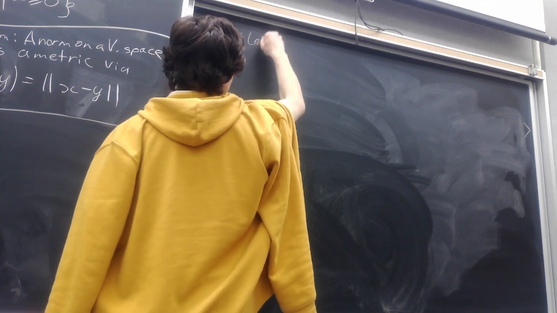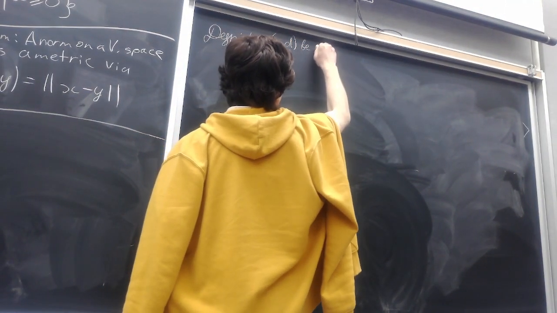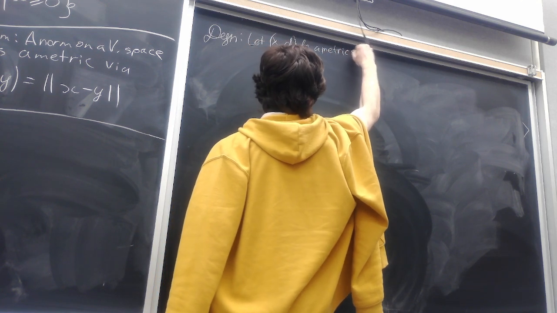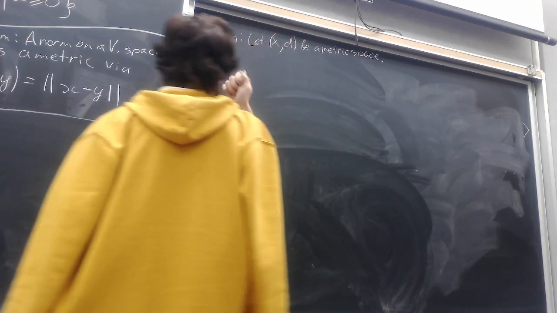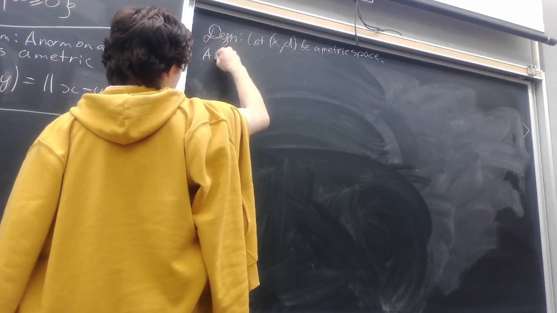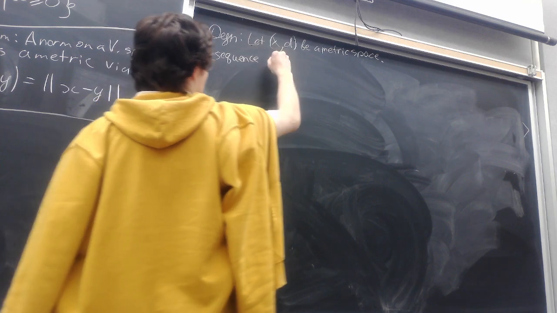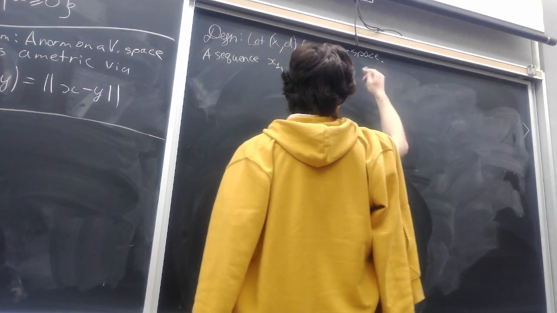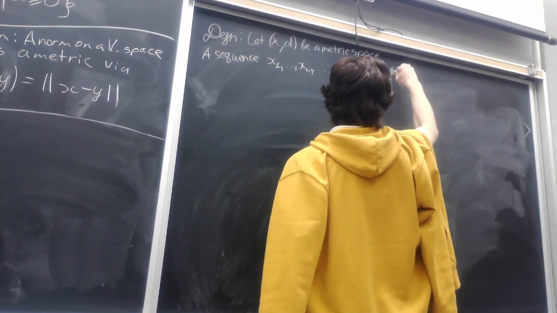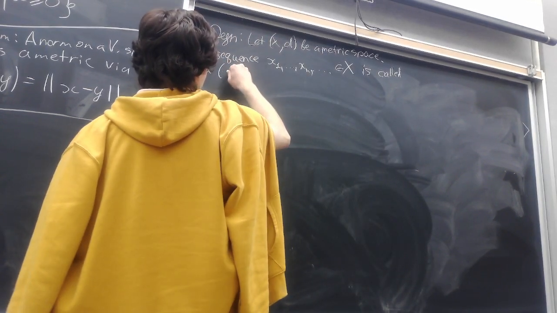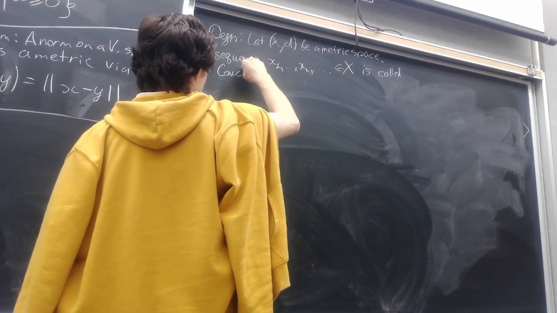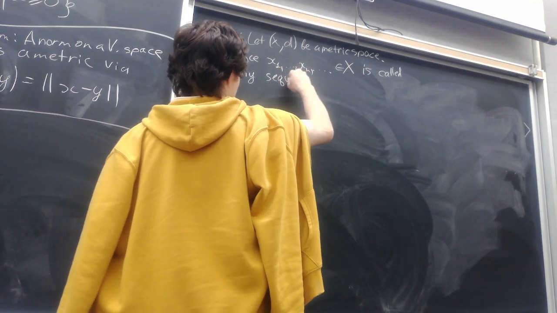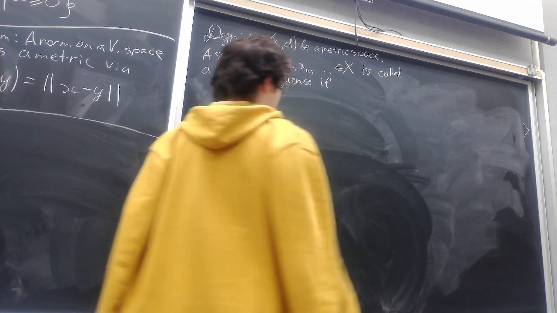So let (X, d) be a metric space. A sequence of points of X, so it's x1, ..., xn, and so on, going to potentially infinity, and all of these points are in X, is called a Cauchy sequence if, guess what?